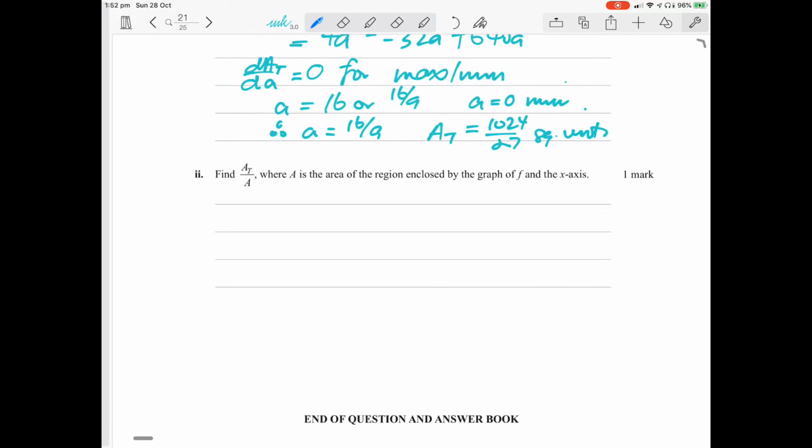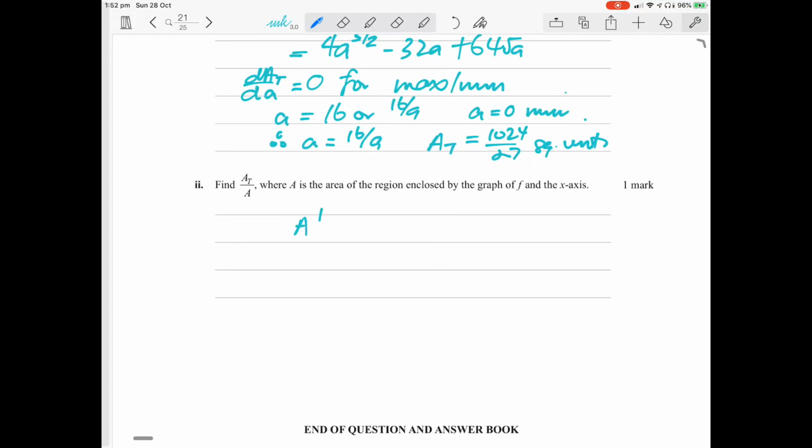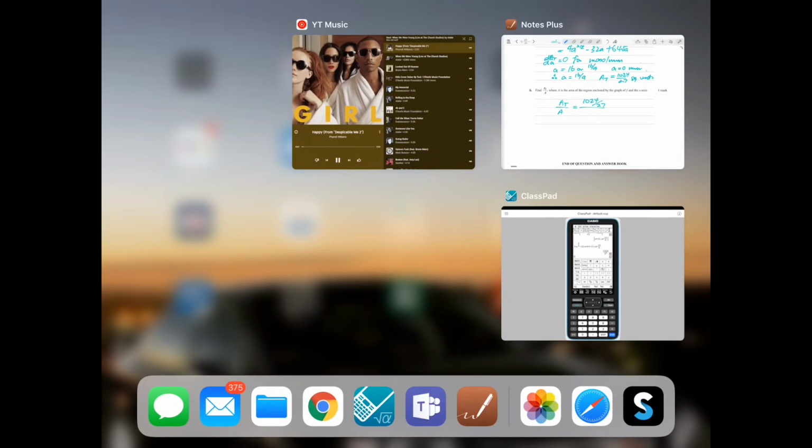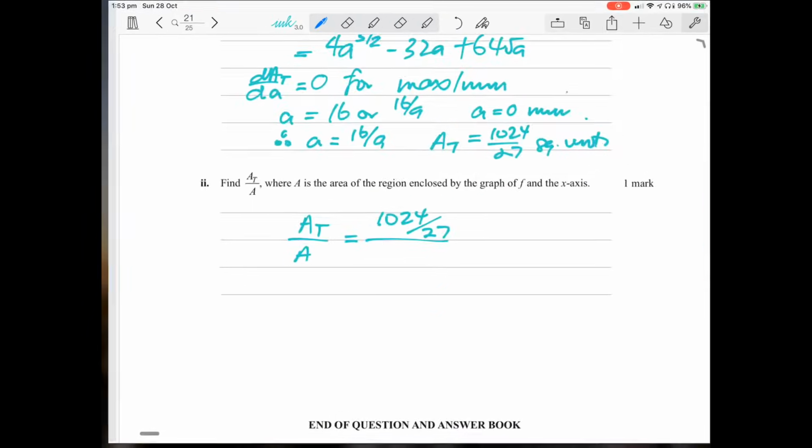Find A of t on A. This seems like an easy question for a final one. So 1,024 on 27 divided by, how do we work out that area?